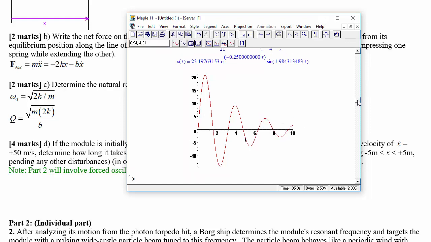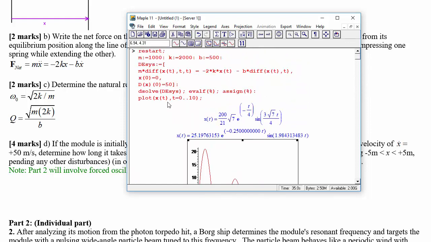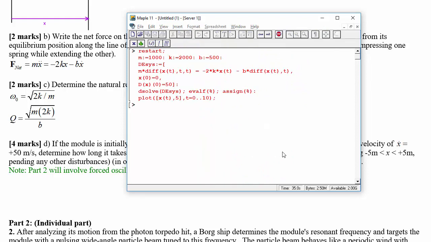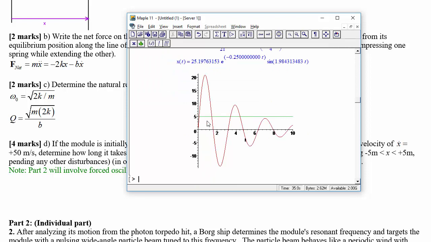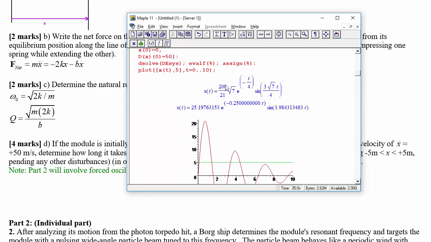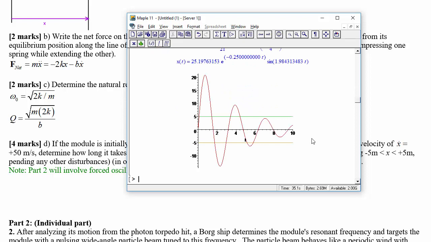So a couple of ways we could do that. We could plot another function. And that puts a horizontal line of 5 on there. So what I did there was I also added another function in this list. We could add -5 to make that clear, just to see where we are going to be ending up between those points.